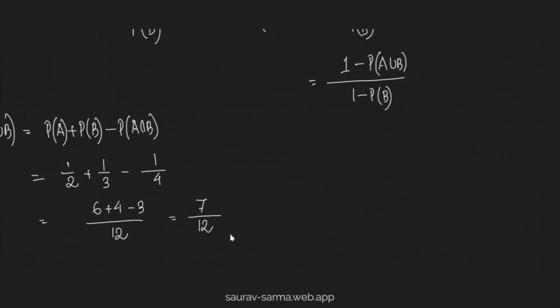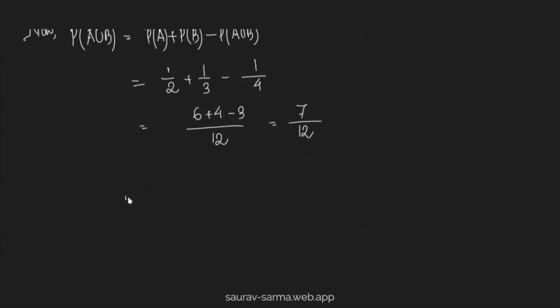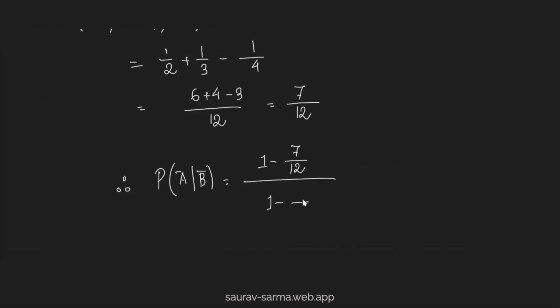Right? So therefore probability of A bar given B bar is 1 minus 7 by 12, over 1 minus B, B asile 1 by 3.